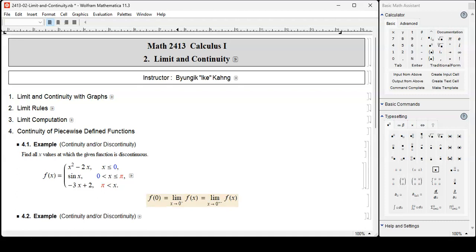That's the question: are these three all the same?